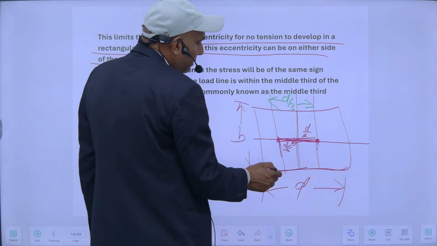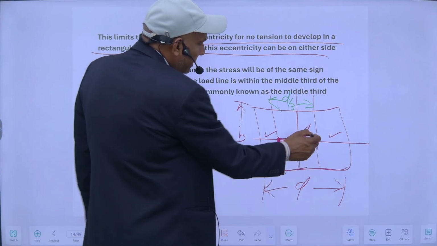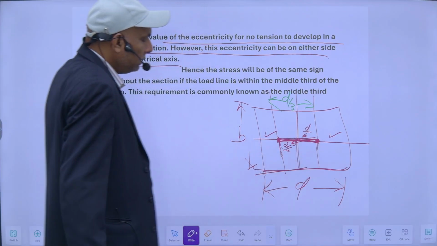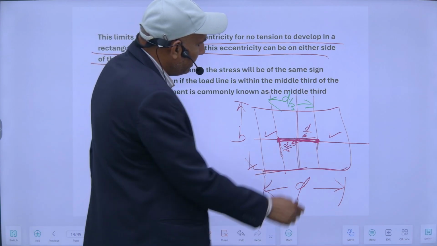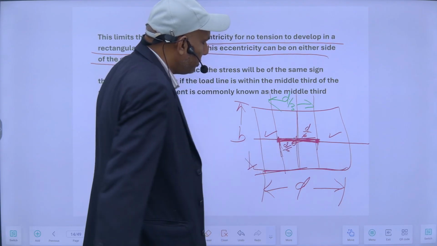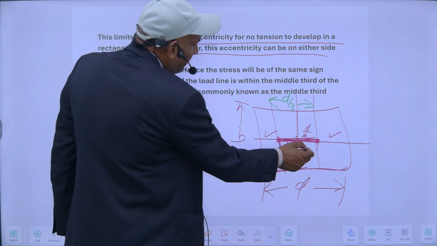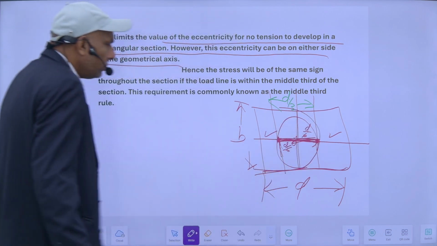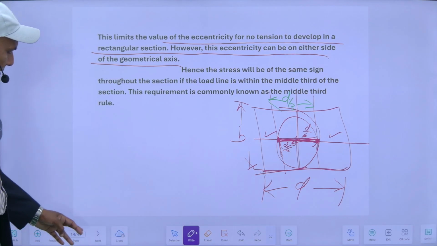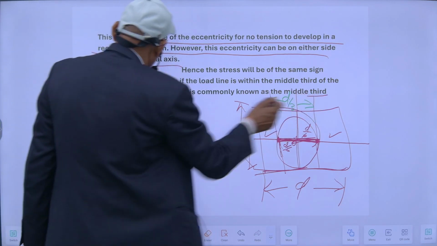So this is symmetrical, this and this are the same. We can say it is the middle third. D by 6 from this side and D by 6 on this side, so the total will become D by 3. So my eccentricity should be within this middle third for no tension to be developed in the section. This requirement is commonly known as the middle third rule.